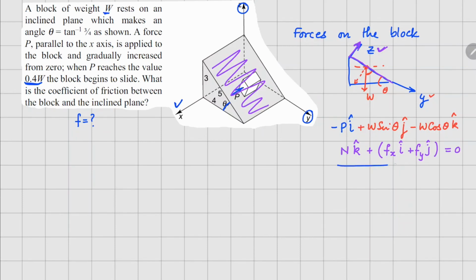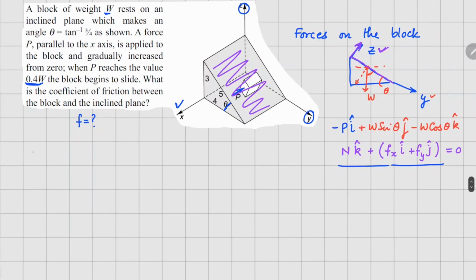Now since this is a vector summation, we can compare all the i component, j component and k component. If I look at your i component, it gives us that Fx has to be equal to P, and since the value of P when it is moving is 0.4 W, your x component of friction is nothing but 0.4 W. From the y equation, we can see that your Fy is going to balance W sine theta, which gives minus W sine theta.